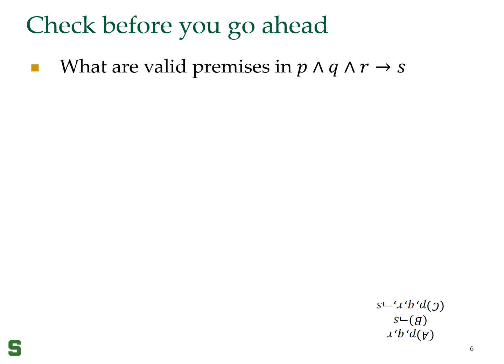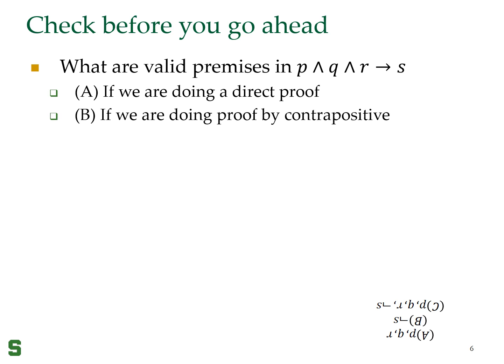And as I said earlier, the key differences in these are what the hypothesis is and what the conclusion is. So here is a question. What are valid premises if I were to do a proof of P and Q and R implies S, if I'm doing a direct proof, or a proof by contrapositive, or a proof by contradiction?